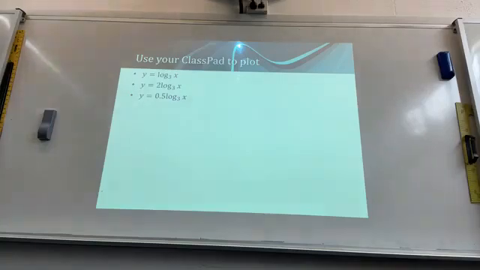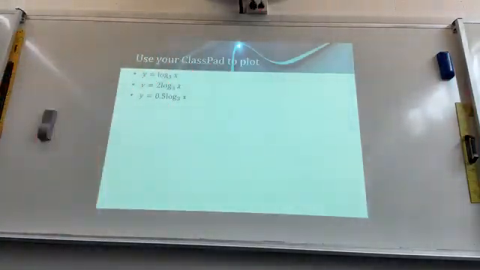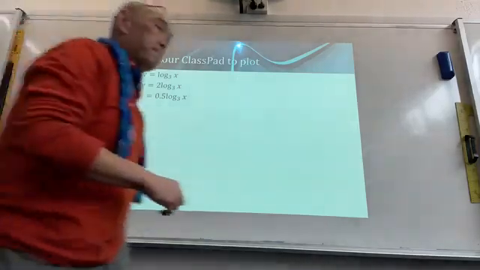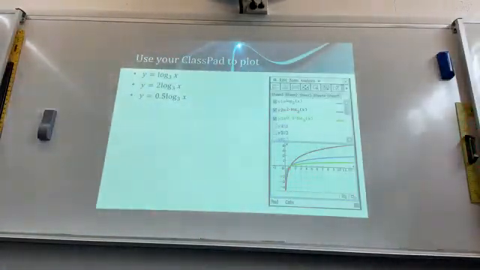Now, let's move on, let's try this. This time is dilation parallel to the y-axis, up or down. So you've got 2 and 0.5. You start off with the base, log 3 of x. If you've done it properly, it should be something like this.